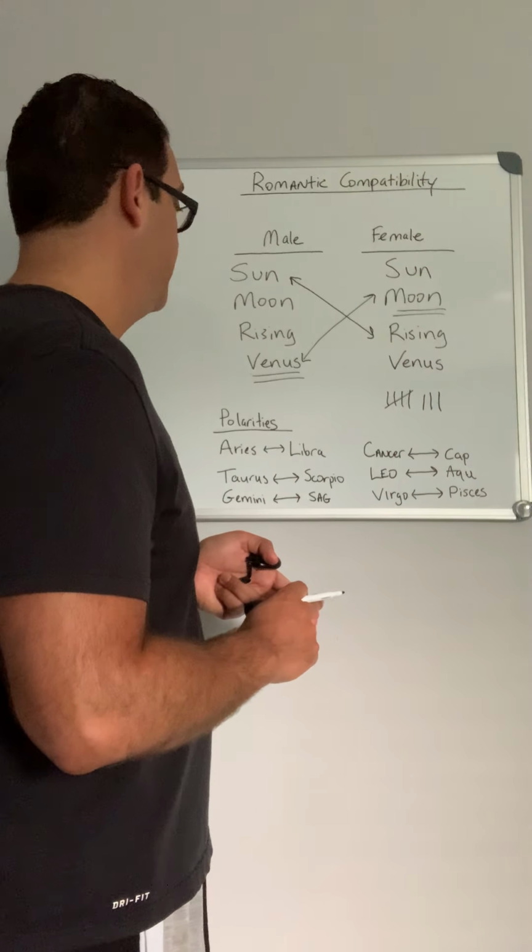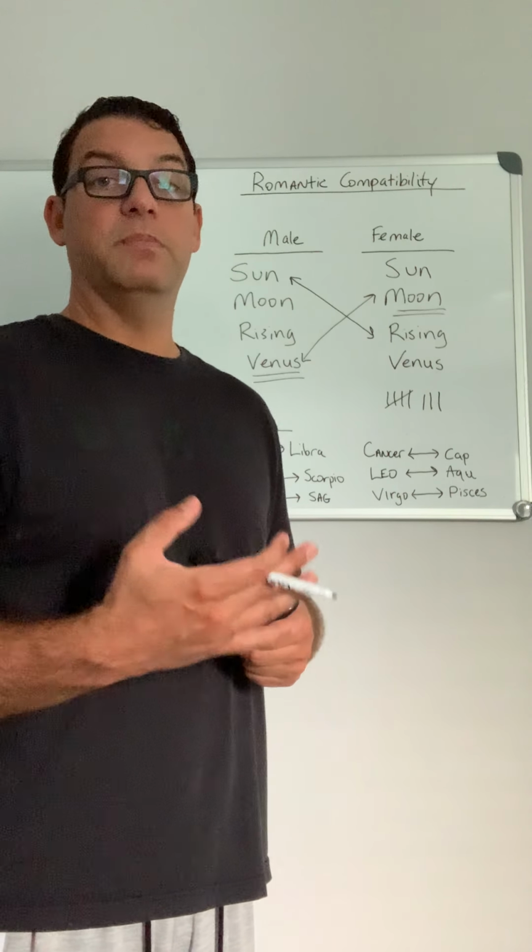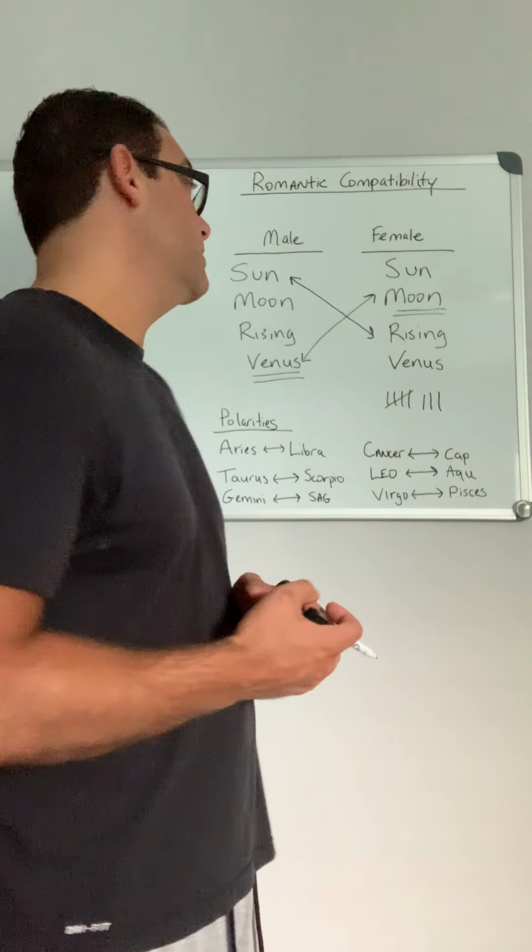Typically, the first thing that pulls two people together before they've even met each other is a physical attraction point. So there are all those different things that go into making up compatibility as a whole, but this can really give you a good picture of how well you're going to be compatible with someone.